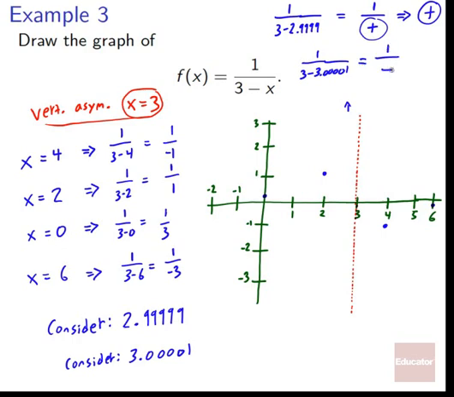So 1 over a negative number on the bottom: since it's a positive divided by a negative, the whole thing will stay negative, and so we'll get very large negative numbers, so we'll be going down on the right side. So at 3.00001, we wind up being negative on the right side of our asymptote. On the left side, 2.99999, just to the left of our asymptote at x equals 3, we wind up being positive, and that guides us on how our curve should grow.